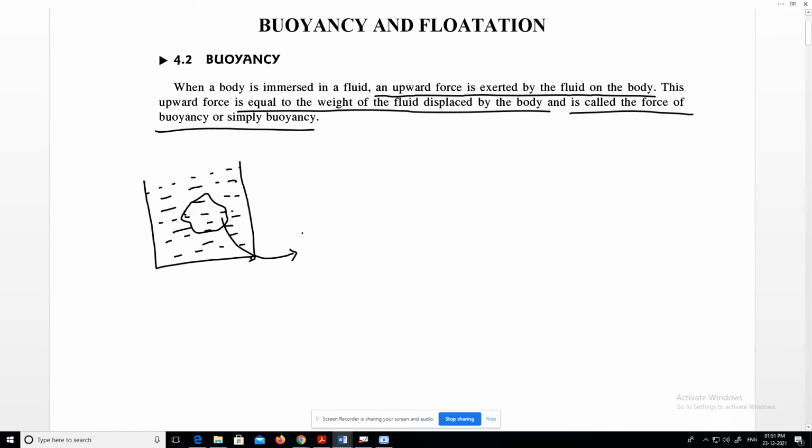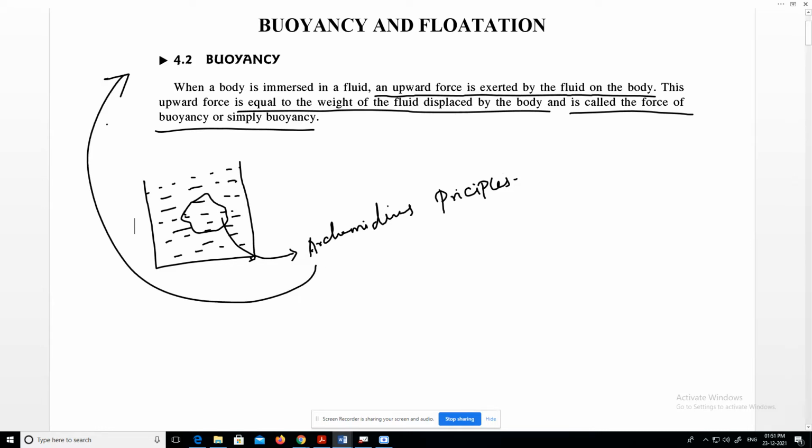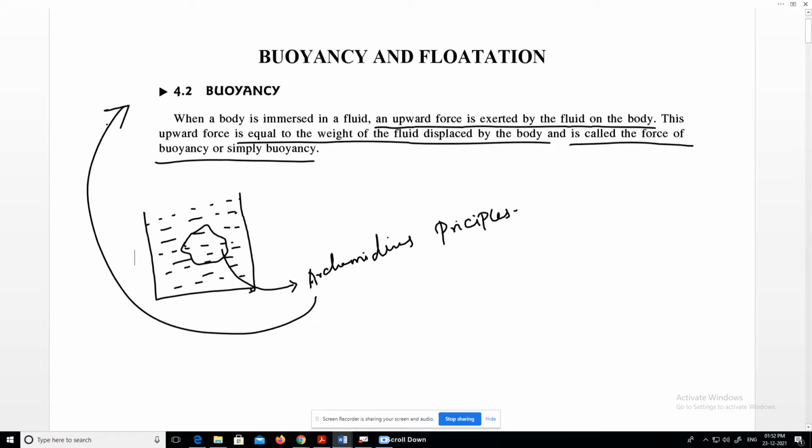This idea came from Archimedes principle. This principle we have studied in lower classes itself. The extension of this principle is called buoyancy, right? The various applications of buoyancy we will discuss in the forthcoming slides.